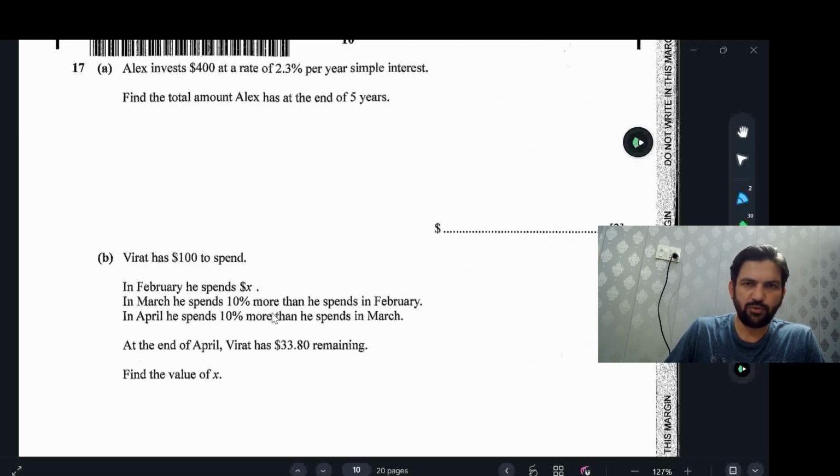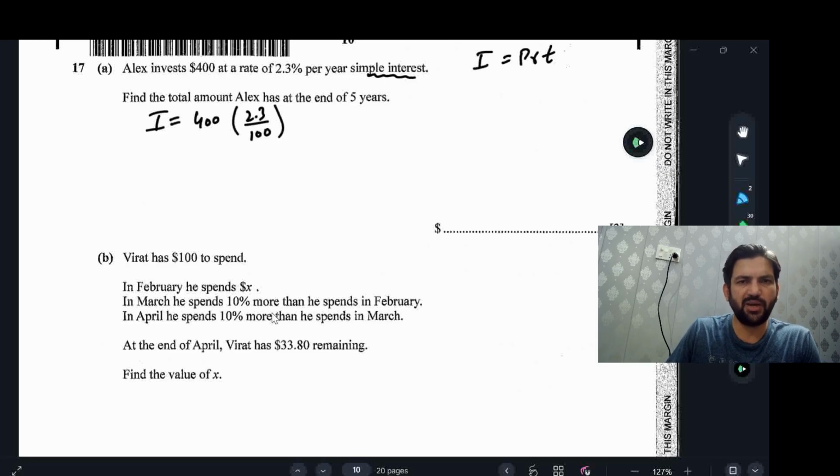The formula for simple interest is I equals PRT, where I means the profit or the interest amount. So this will be 400 into 2.3 divided by 100, because we cannot multiply a percent with the number, so we have to divide it, writing it as a fraction, into 5.